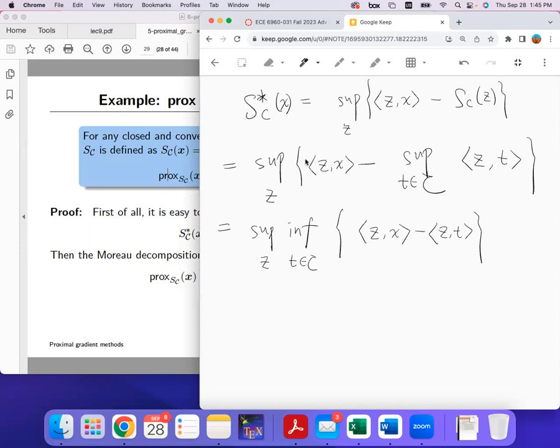The first term is a constant, because I'm taking the supremum over t and this term does not depend on t, so it doesn't matter. So this becomes the indicator of C at x minus t.